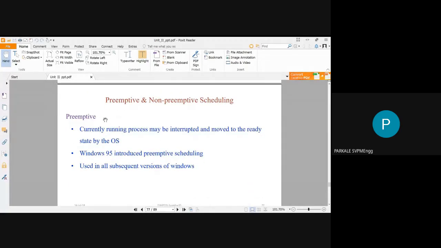Second type is preemptive scheduling. So what is preemptive type of scheduling? In this, the currently running process may be interrupted. For example, RTOS is busy executing a low priority task, and if there is an interrupt from a high priority task, this currently running low priority process or task may be interrupted and moved to the ready state by the OS.